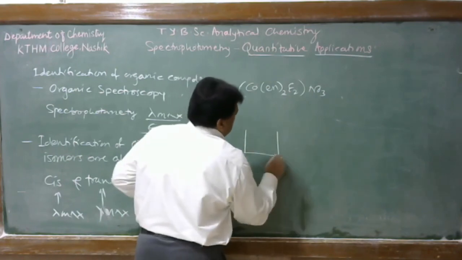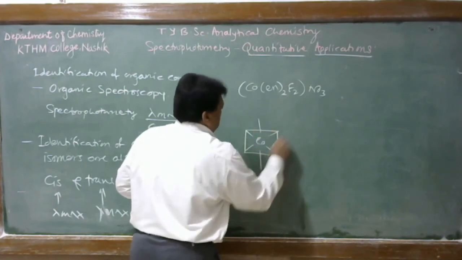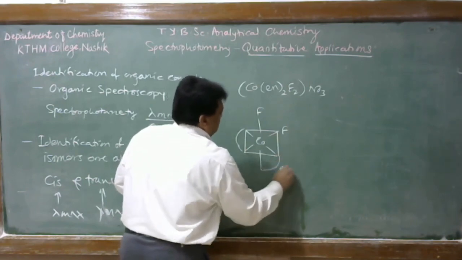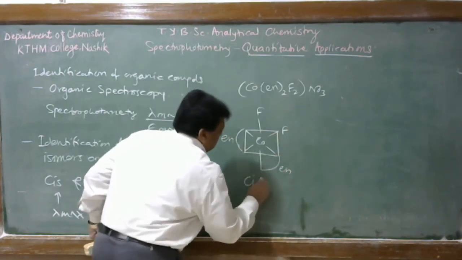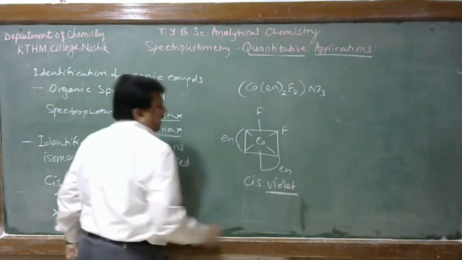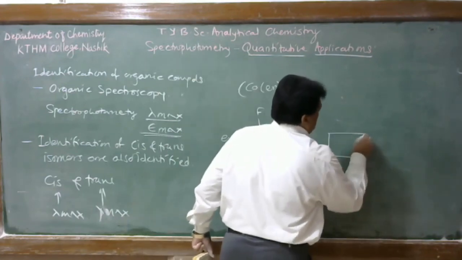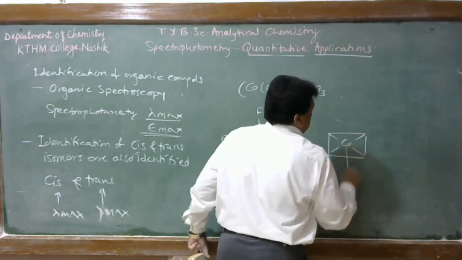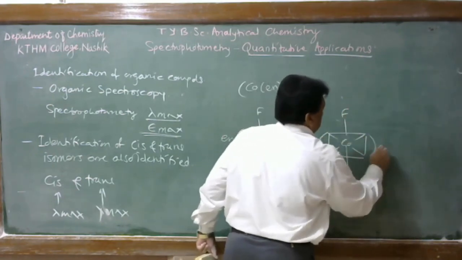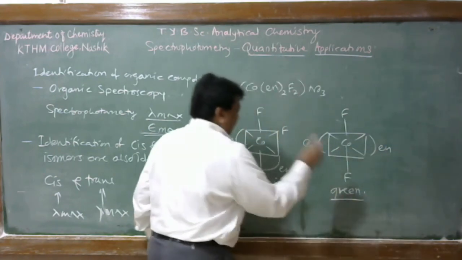Therefore, here in the cis isomer, cobalt is at the center, with F, en, and this en. This cis isomer has a violet color, and therefore it absorbs at a different wavelength, and the trans isomer has a green color, and therefore this green color will be absorbed at another wavelength.